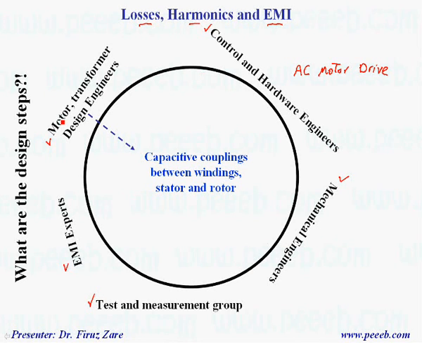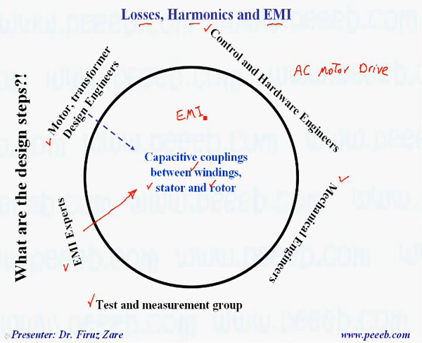So when they design an electric machine, they should find all the capacitive couplings between the windings, stator and rotor. If there is a significant capacitive coupling, an EMI expert can help to reduce it, because otherwise we may end up with significant EMI.